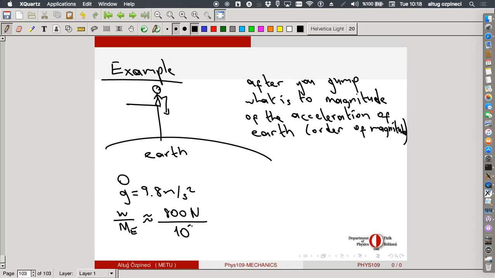Mass of the Earth is something like 10 to the power 24 kilograms. This is something like 10 to the power minus 21 meters per second squared. Or we can also say that this is 10 to the power minus 22 G.